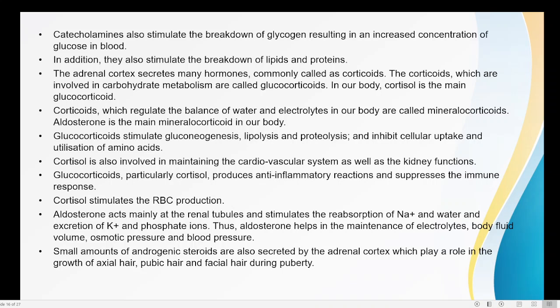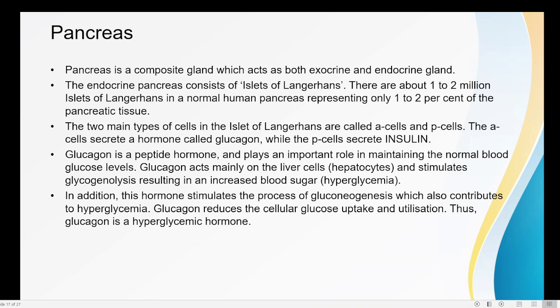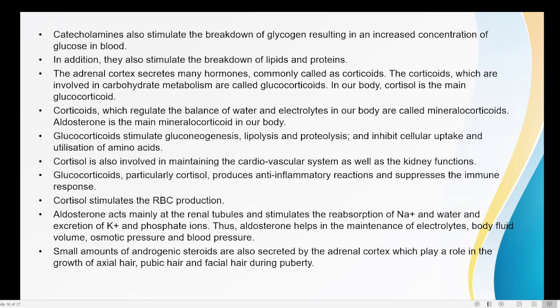So that is the third type of hormone. One is glucocorticoid, mineralocorticoid, and also these androgenic steroids or testosterone, which is produced by the adrenal cortex. So that is also an important hormone produced by the adrenal cortex. Coming to the adrenal gland, we have three different types of hormones: glucocorticoids, mineralocorticoids, and androgenic steroids.